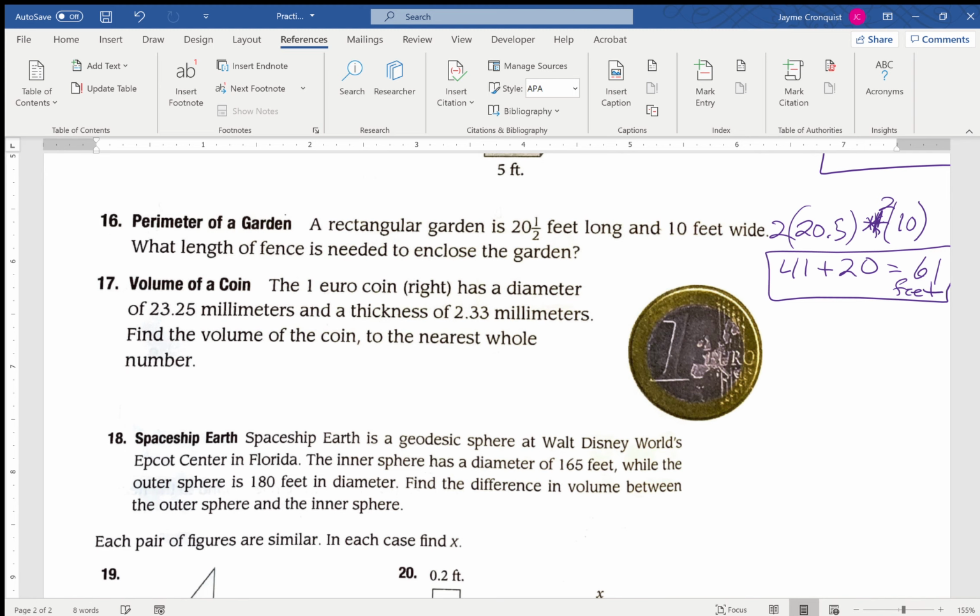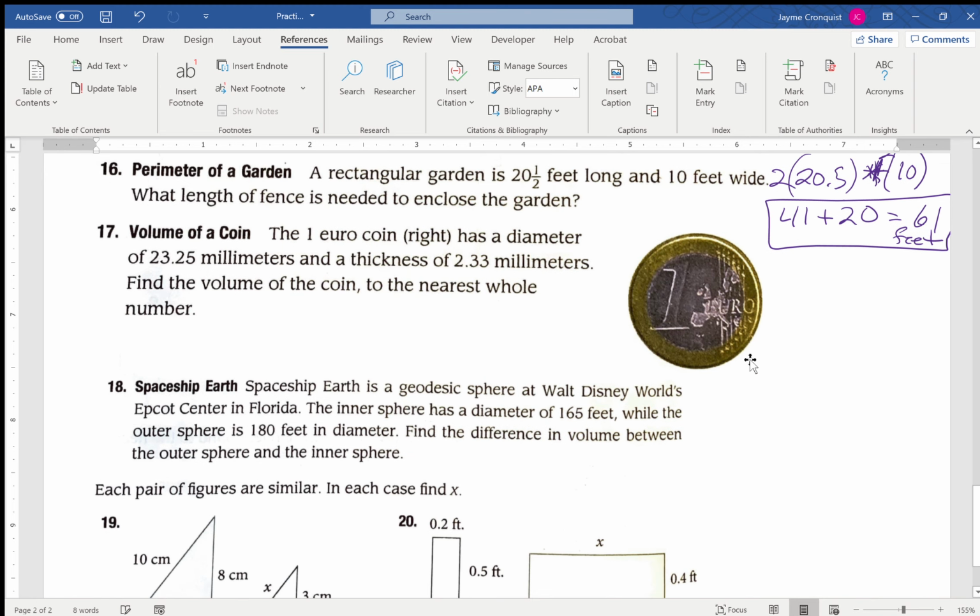All right. Volume of a coin. The 1 euro coin, shown at right, has a diameter of 23.25 millimeters and a thickness of 2.33 millimeters. Find the volume of the coin. So it's going to be pi r squared times the height. Thickness is the height.